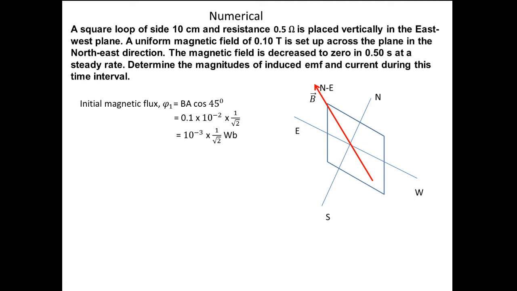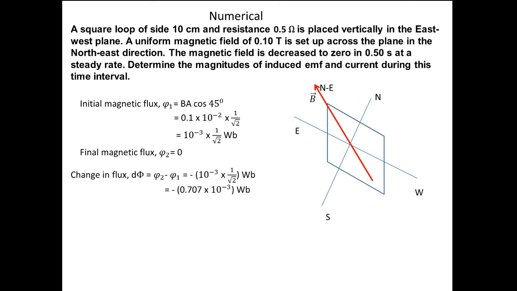Another thing given is that the magnetic field is decreased to 0. So what is phi 2, the final magnetic flux? That is 0. So the change in flux is phi 2 minus phi 1, and its value will be minus 0.707 into 10 to the power minus 3 Weber.